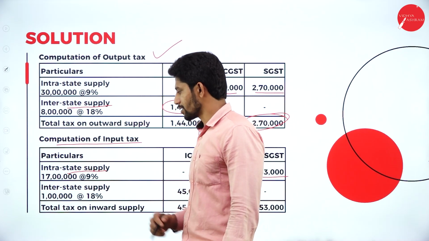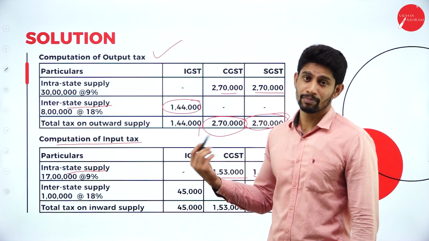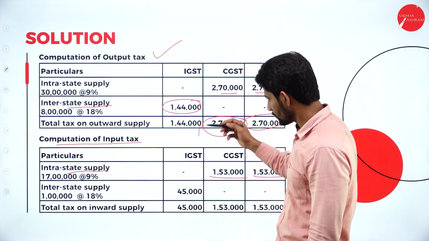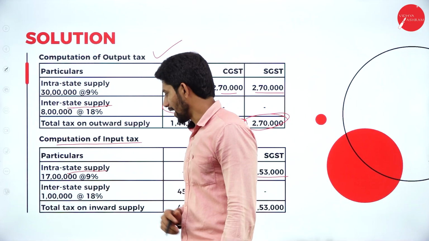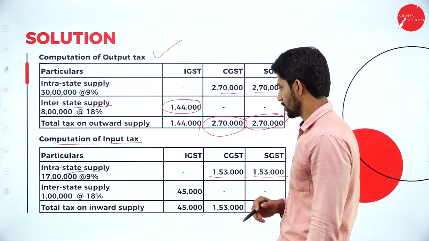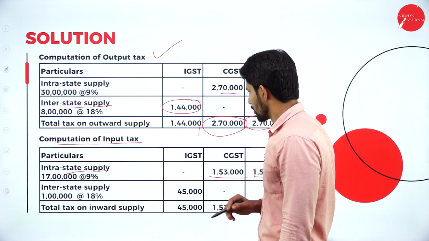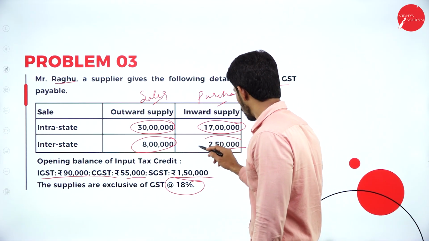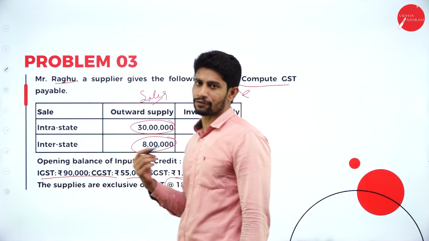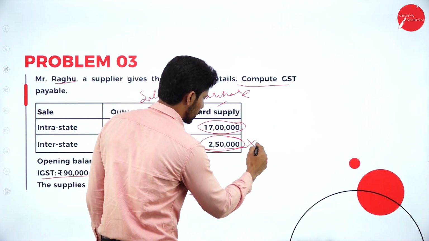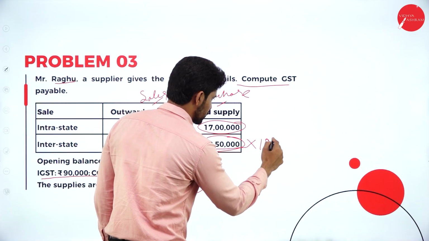And interstate supply, that is between two states. What is the transaction value we have in the problem? Here in the problem we have 2,50,000. On that 2,50,000, you are supposed to calculate 18%.